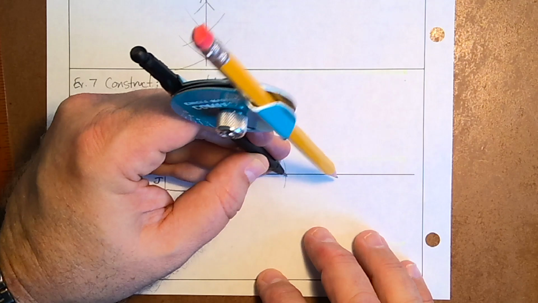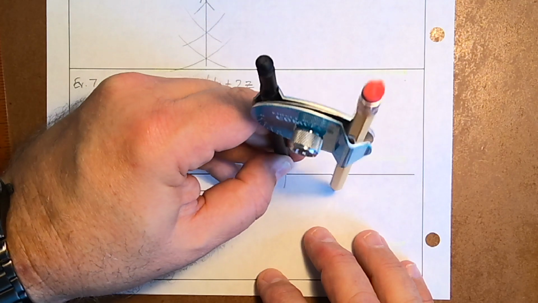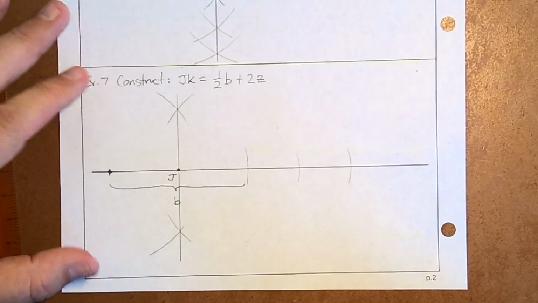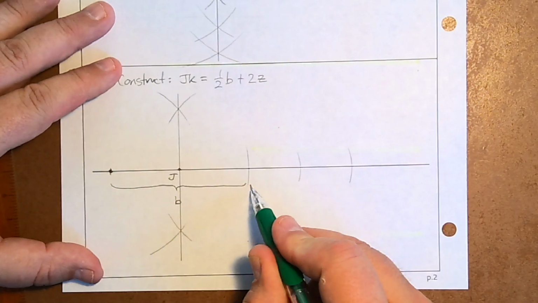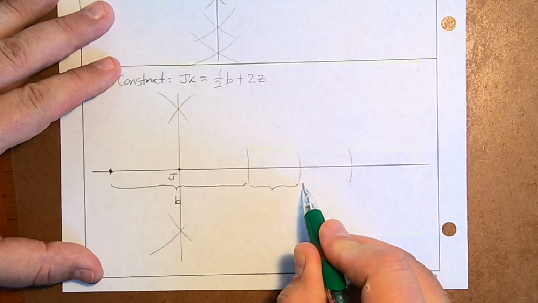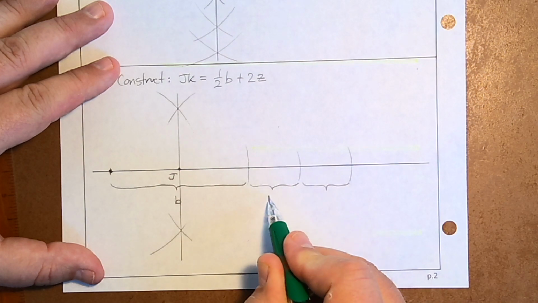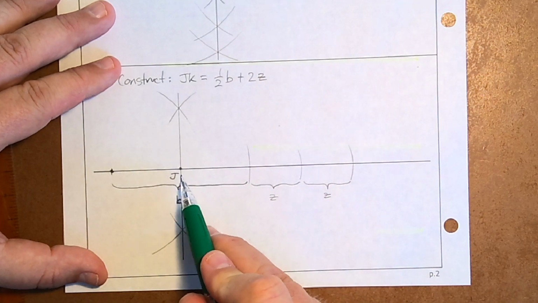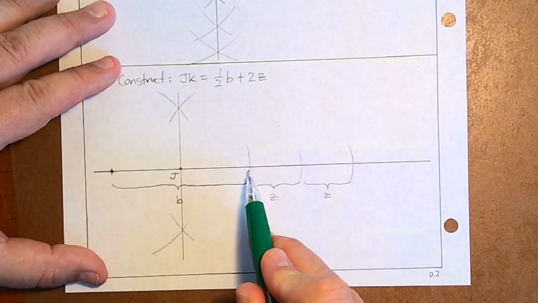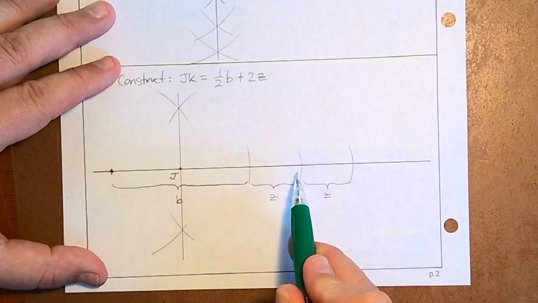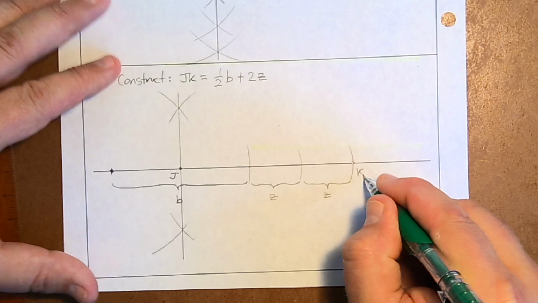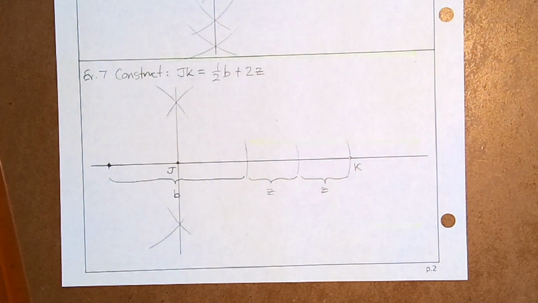Then I need a Z. And then I need a Z. So now that I've got J here, you can see I'm going half the distance of B, and then a Z, and then a Z. So now I can take my point and put my K out here.